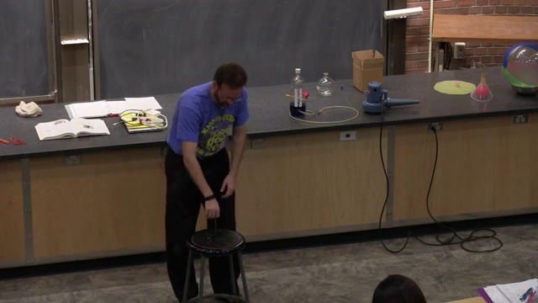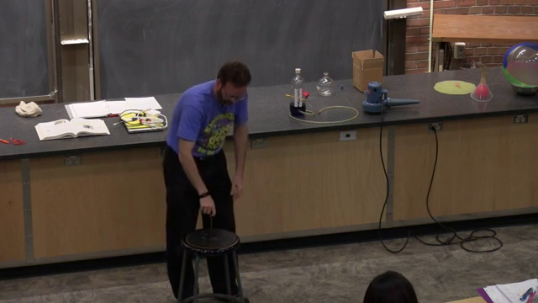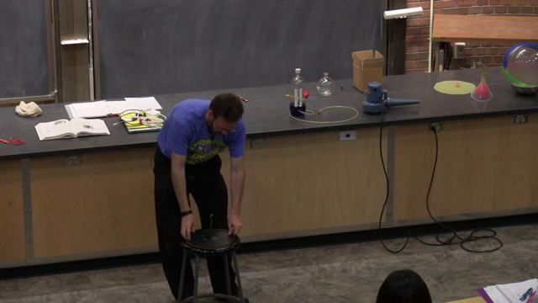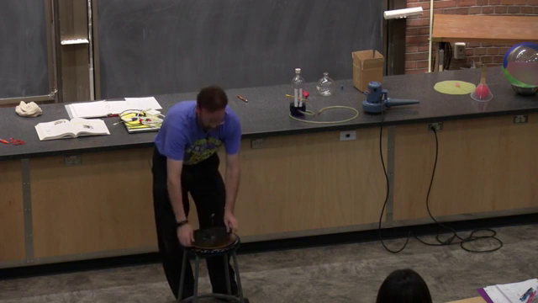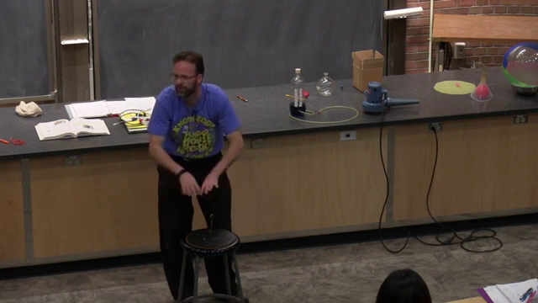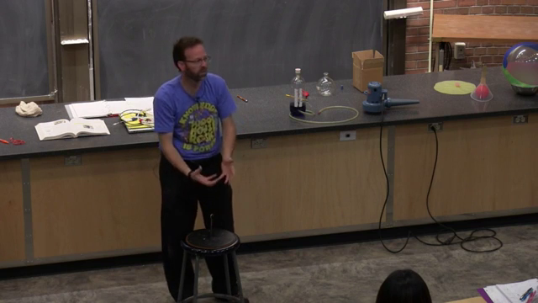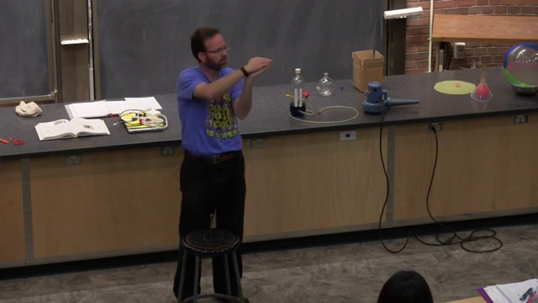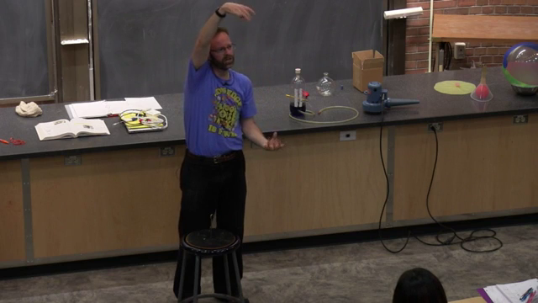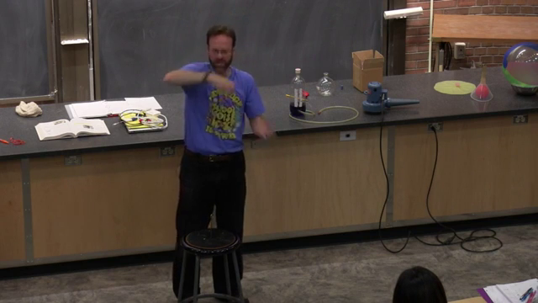What you don't realize is when I lift it up a little, whoosh, or when I put it on, some of the air in between gets pushed out. So there's less air in between. That lowers the pressure in between the two. So there's greater pressure out here from the atmosphere, and it sandwiches them together.